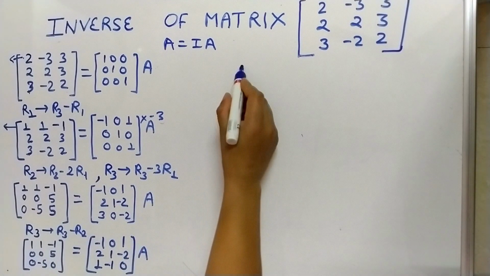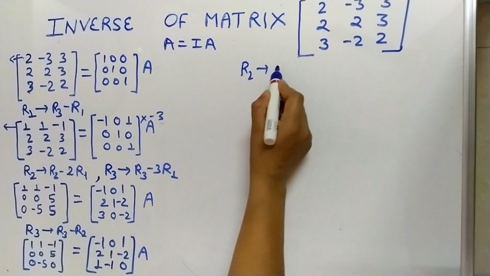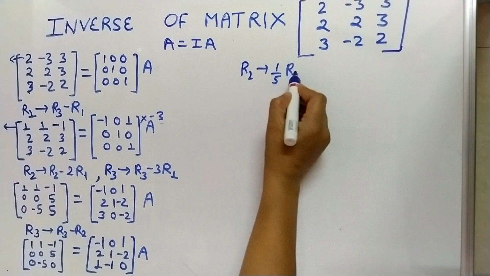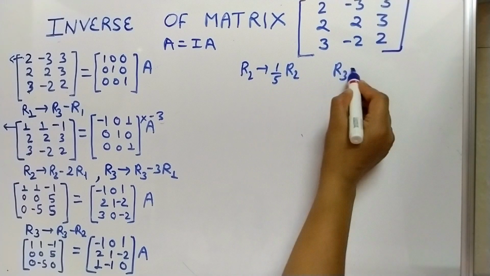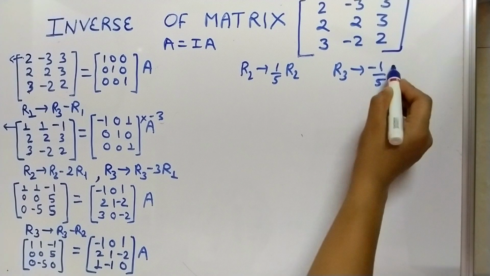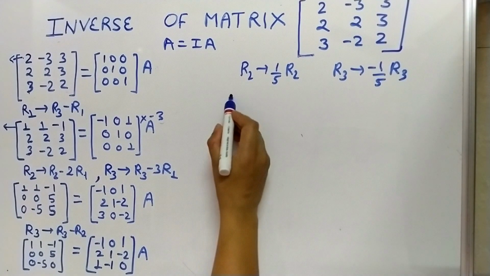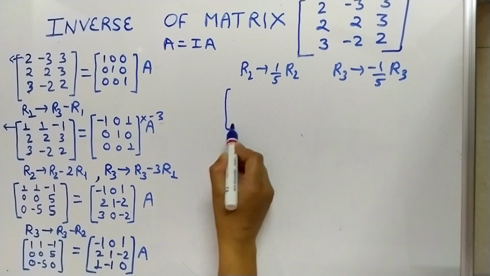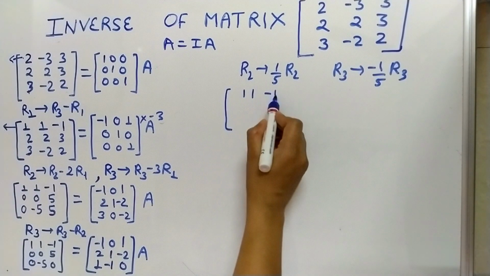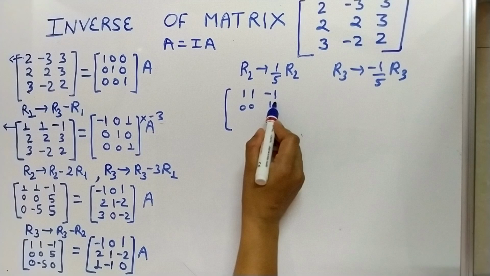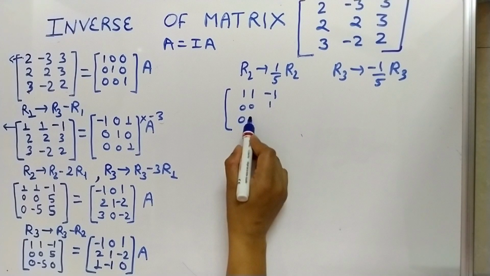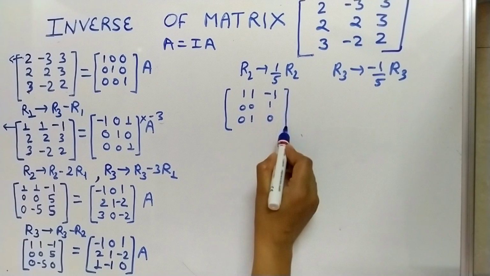We can divide our second row by 5, and the third row can also be written as minus 1/5 of R3. So here also we will get 1, here also we will get 1. So first row no change, second row divided by 5, third row divided by minus 5. So we will get this one.